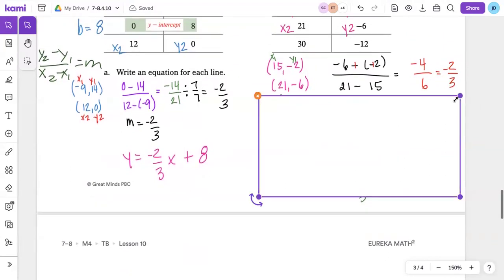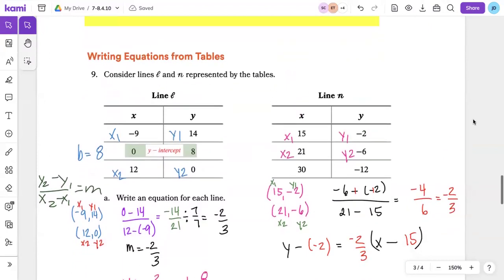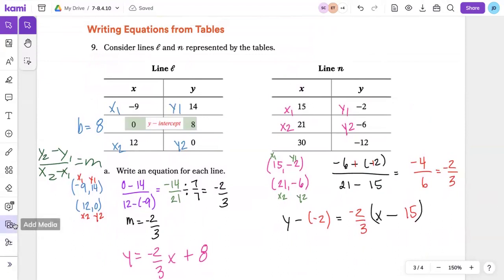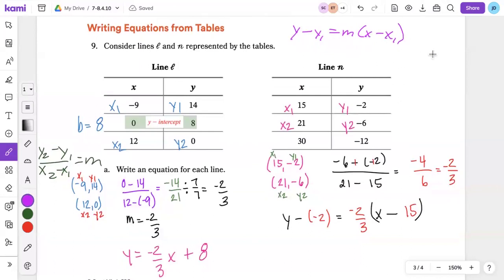So now that you have that, you can plug in the information you have into point slope form. So let me write that up here again to remind you what point slope form is. Point slope form is y minus y1 equals m times x minus x1. So we have our slope since we just found it, and we have several points we can choose from to plug in for y1 and x1.